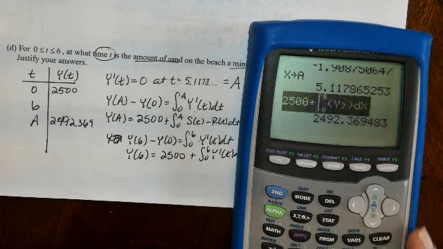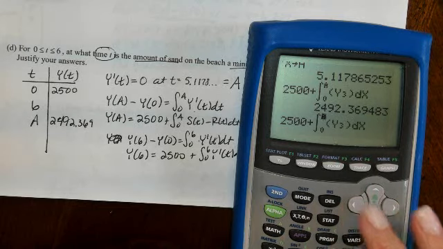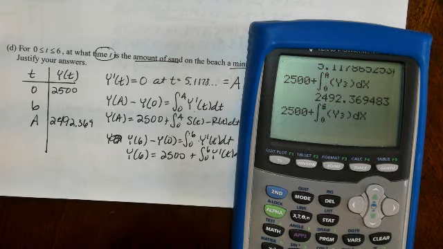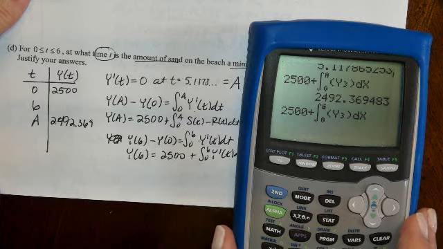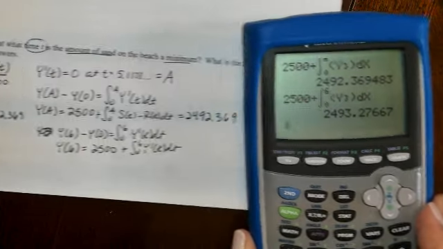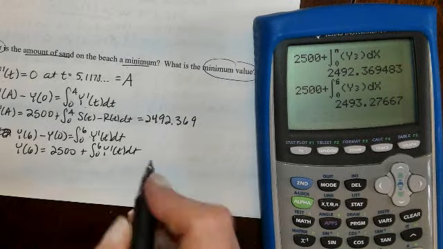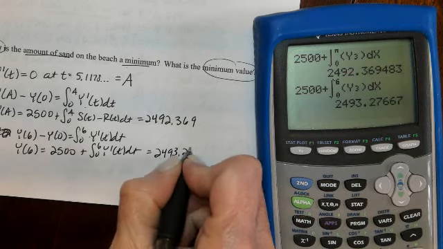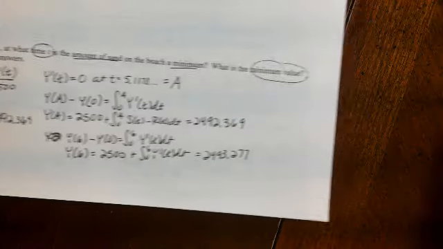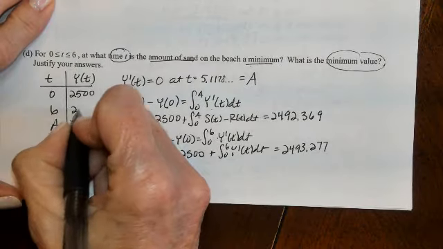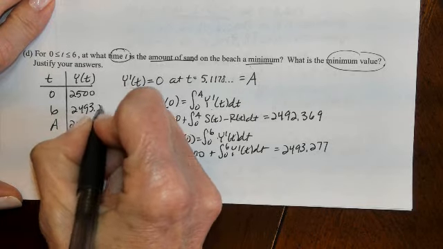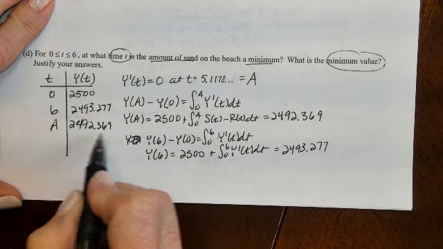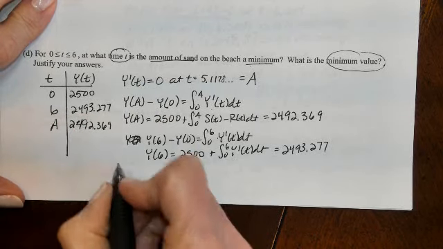I'm just going to come grab this and change that A to a 6. So 2493.277. So yes, this is the minimum.